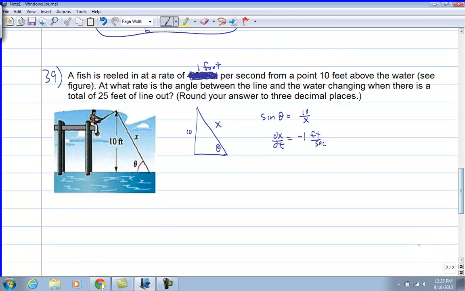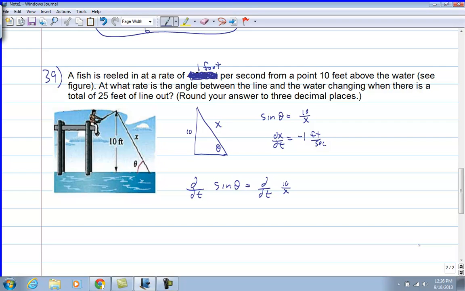So the derivative with respect to time of sine theta is going to be the derivative with respect to time of 10 over x.